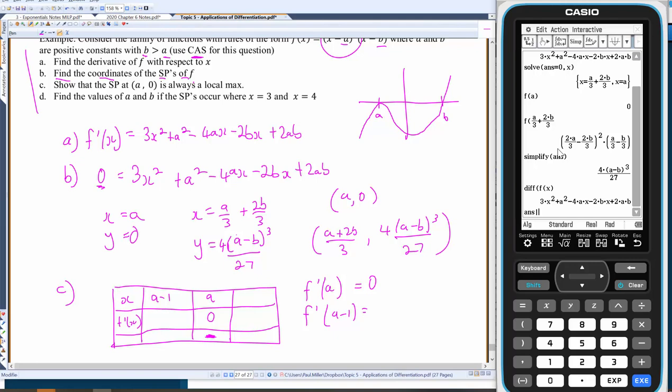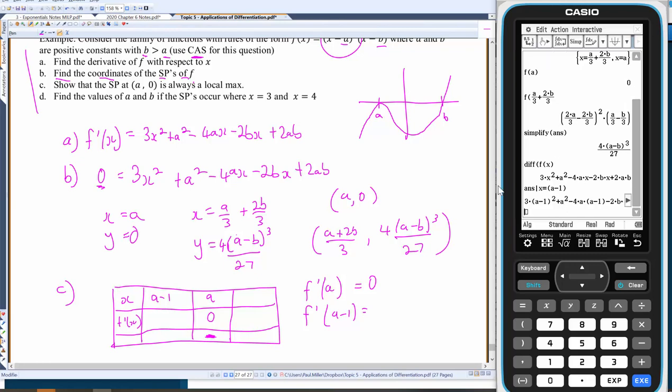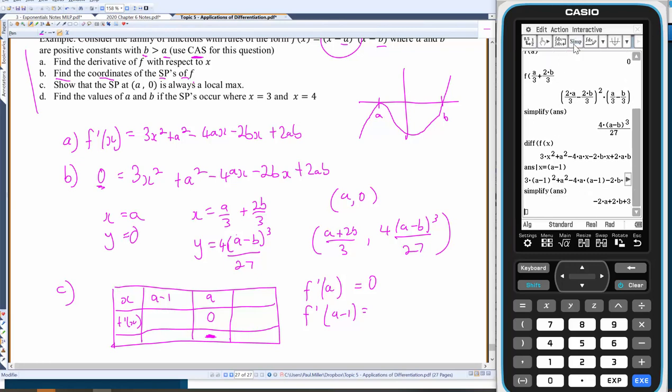And I'm going to say, can you please substitute x is equal to A take 1 into the derivative function, and it'll throw back this thing here, we'll simp it, and there it is. So when I sub A take 1 in, the answer is going to be negative 2A plus 2B plus 3.